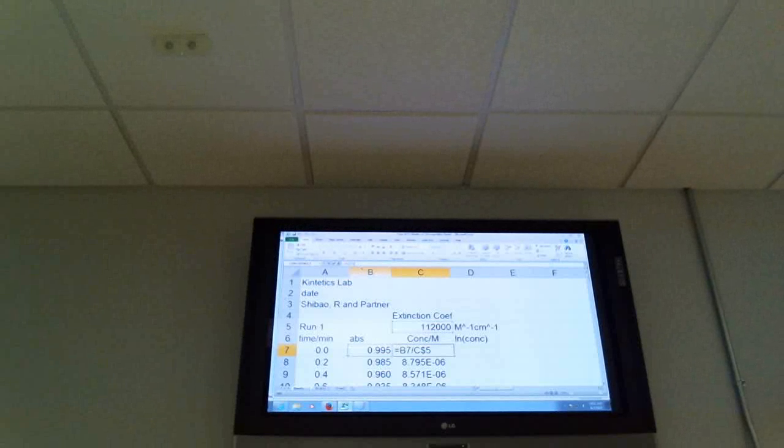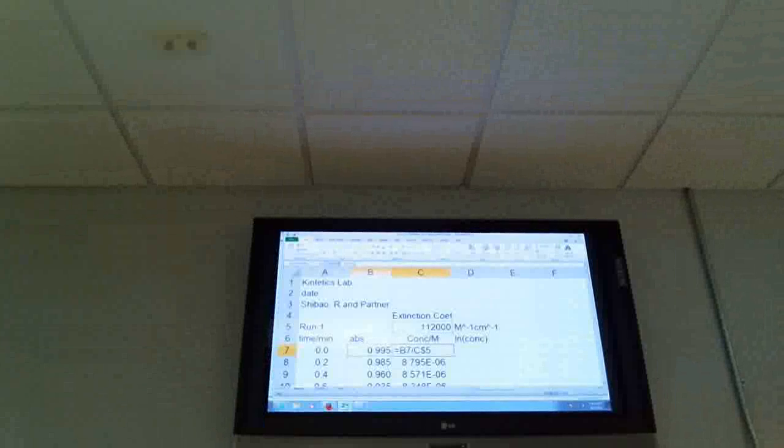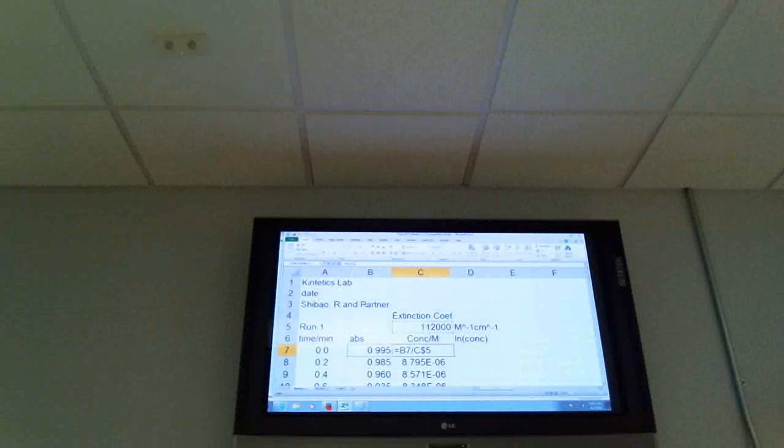Just pick the cell, C, whatever. We're doing 2 runs, yes. We're going to do run 1 first, and then you're going to do run 2 by yourself. Run 2 is just the same analysis, and then we're going to work up the data once we do that. All right, so let's continue on here.